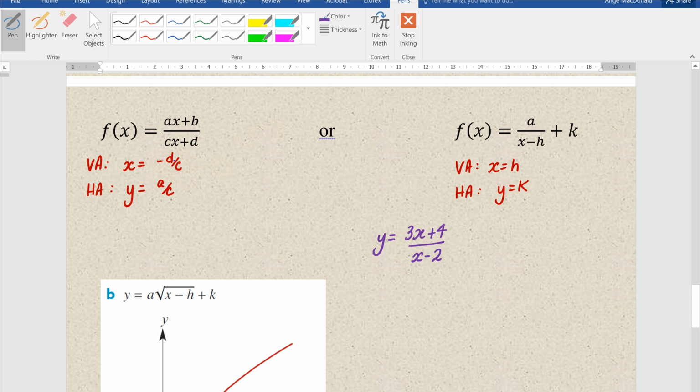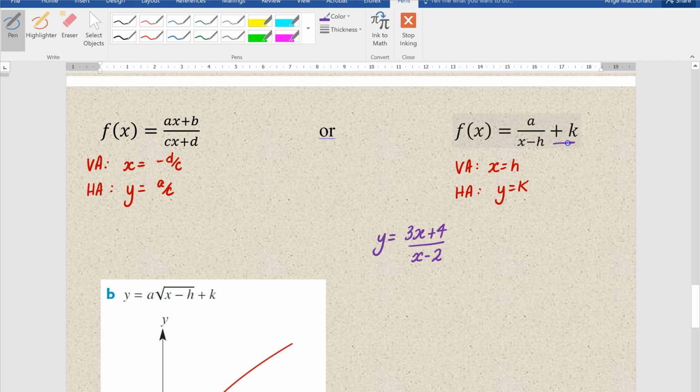Also, by looking at lots of different graphs, we established that the horizontal asymptote would be the division of the coefficients of x, so a on c. So when it's in this form, we can see those really clearly. When it's written in this form, again, what makes the denominator equal to 0 is x equals h.